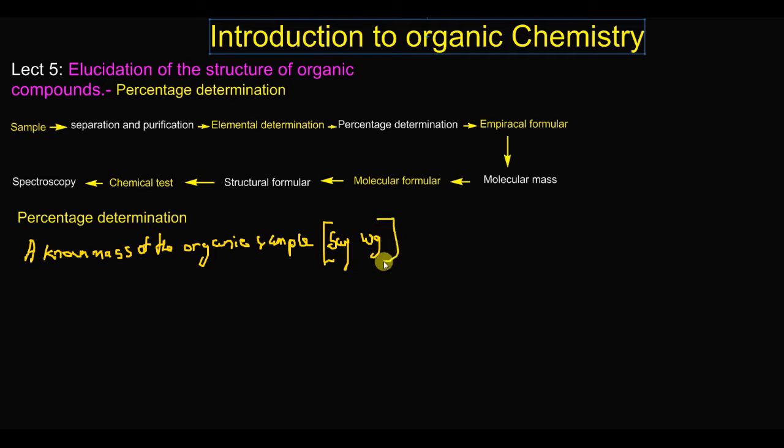Okay, let me use a different color here. So let's assume that we took W grams of the sample. Now a known mass of the sample is taken. That means that before you use the sample of the hair or maybe the sample of the pure alcohol, you have to weigh the mass.